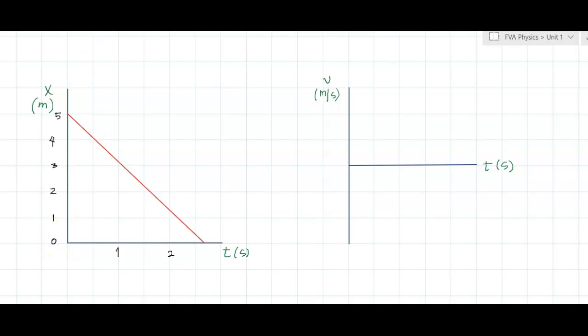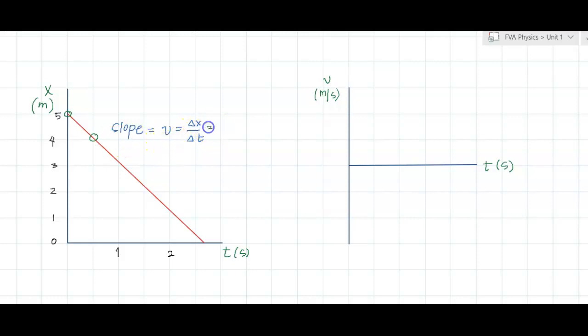So the slope of this line also, again, represents the velocity, and it is the change in position over change in time. So for this one, let's consider 2 points here and here to find the approximate slope.